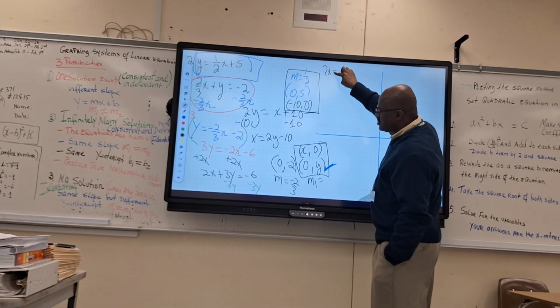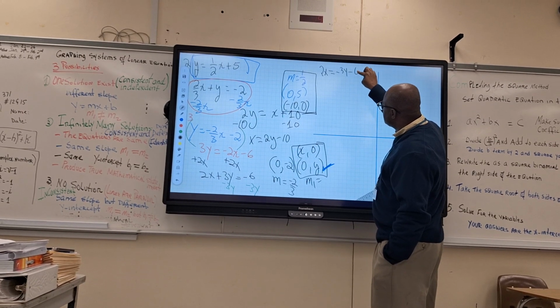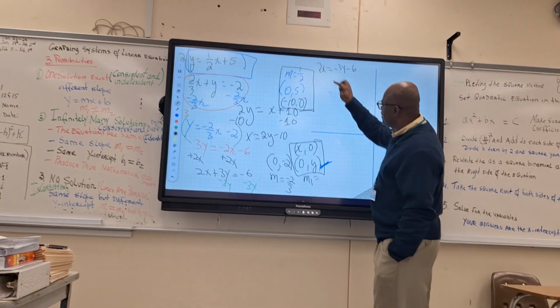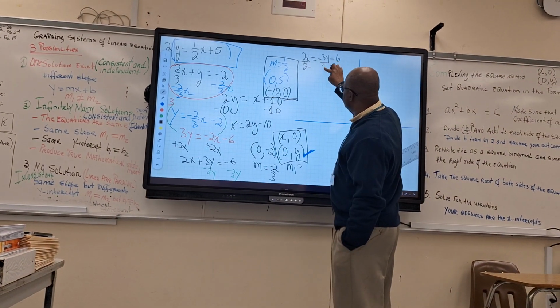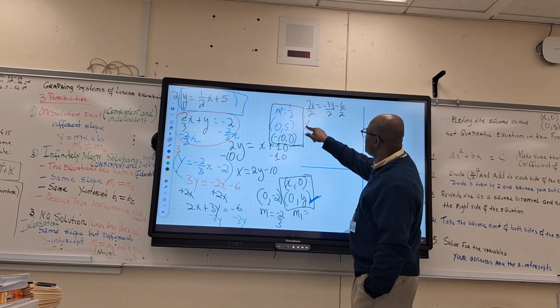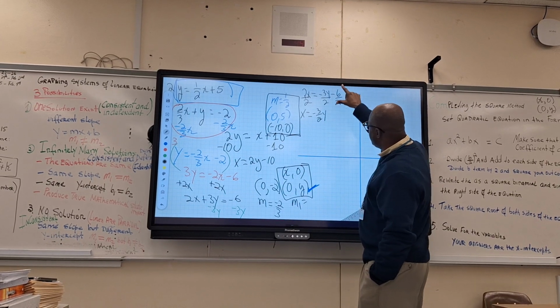Then how will you get x by itself? You divide by 2, then it's in x-intercept form. Then you will have x equals negative 3/2 y minus 3. And what is that?